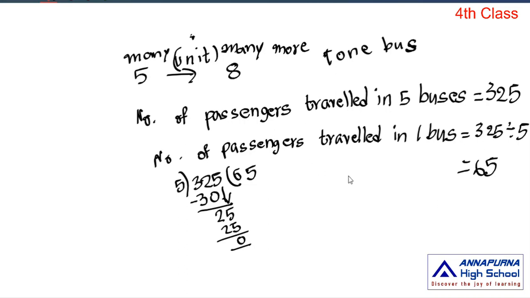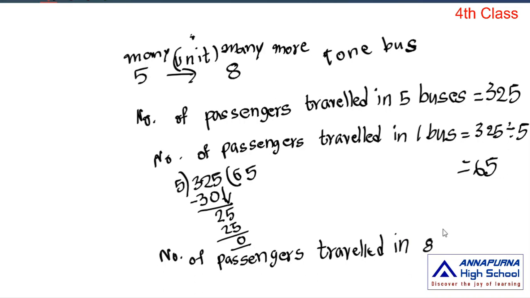Okay children, and he is asking 8, ma. So the number of passengers traveled in 8 buses. How do we get it, ma? One to many by simple multiplication.